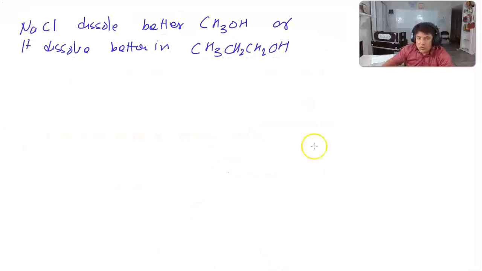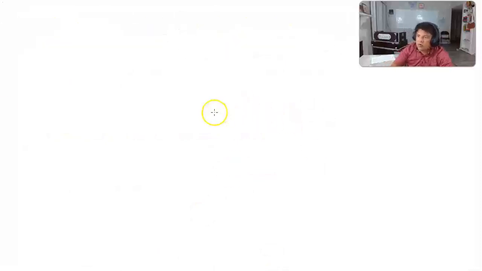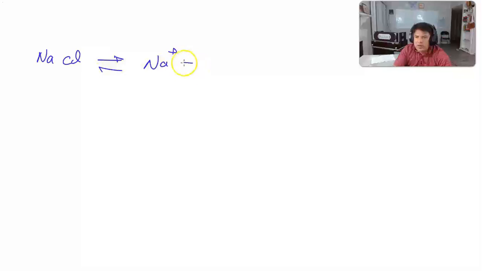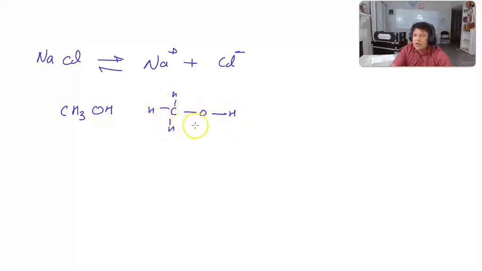Sodium chloride cannot make a hydrogen bond, but it can make an ion-dipole interaction, right? Sodium chloride is sodium plus, chlorine minus. CH3OH has a dipole.